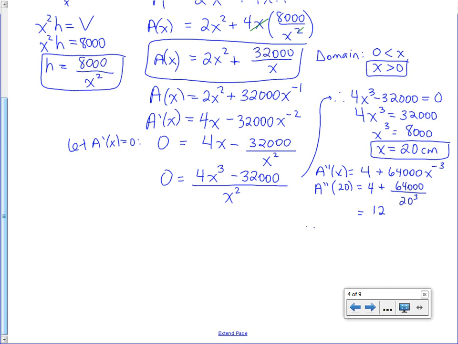Since A prime at 20 equals 0, and A double prime of 20 is greater than 0, that's horizontal tangent, concave up. Do you get that those two pieces together tell you a minimum is happening? So the minimum area occurs at x equals 20 centimeters.